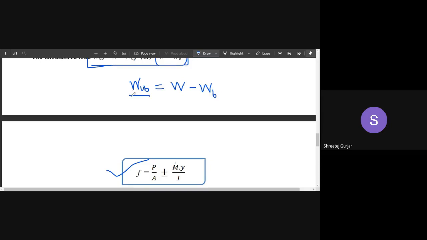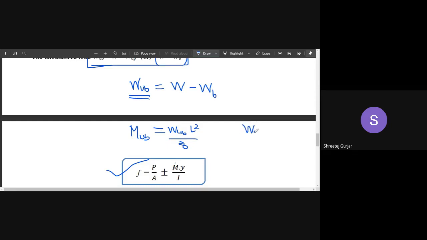We have calculated WUB. If it is a curved cable, what is the unbalanced moment which is generated? It is WUB L squared by 8. And what about a singly harped tendon?